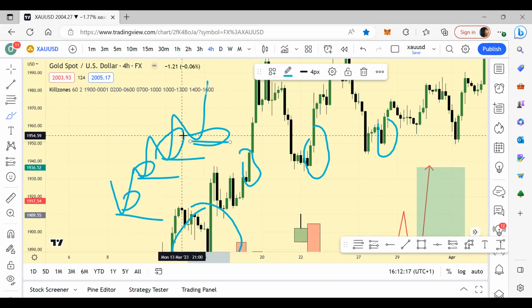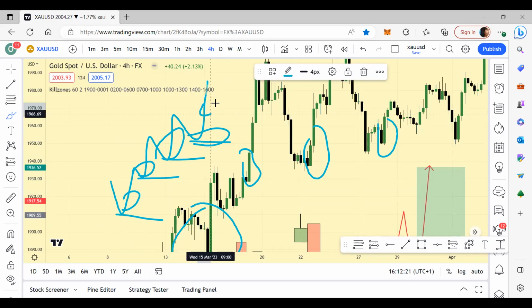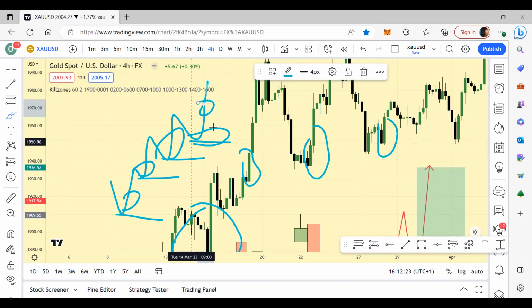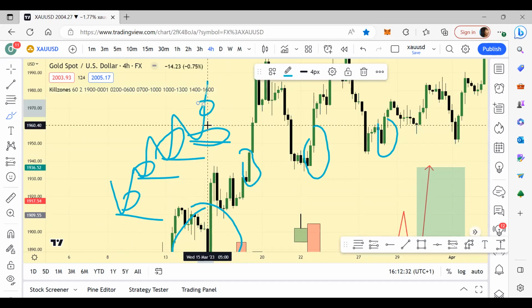These are where you would find your order blocks. That's not to say you will not find an order block here. You will definitely find it, but from a structural perspective, your order blocks would be in your demand zones, or you might see some order blocks in between as well. And these order blocks may be valid or may not be valid.